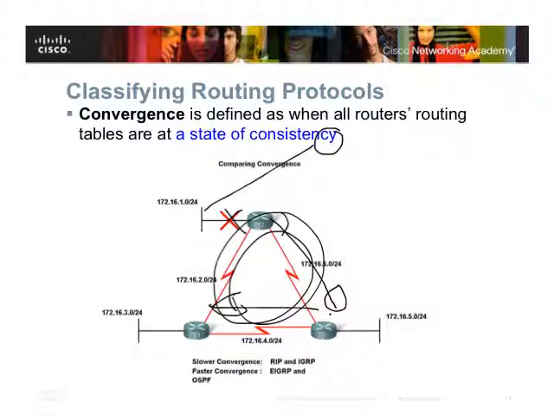I don't report the change once it happens. After 30 seconds, router 2 will form the distance vector and send it to all the neighboring routers. If there is another router here, again, it will not know that. Then it has to wait for 30 seconds, and then 30 seconds again, for router 3 to inform it that this network is down.